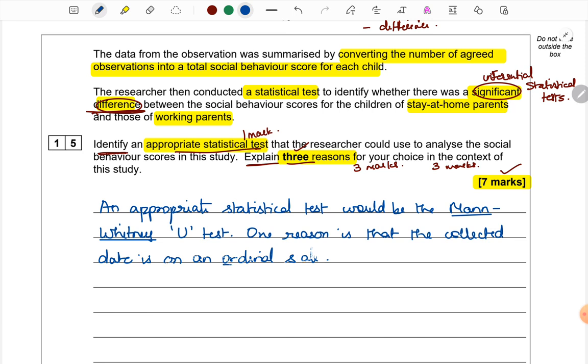Okay, till here I get 1 mark, but where is the linking or where is the use of wording from the scenario? So I will write that the data is made of social behavior scores which are merely observed and rated.